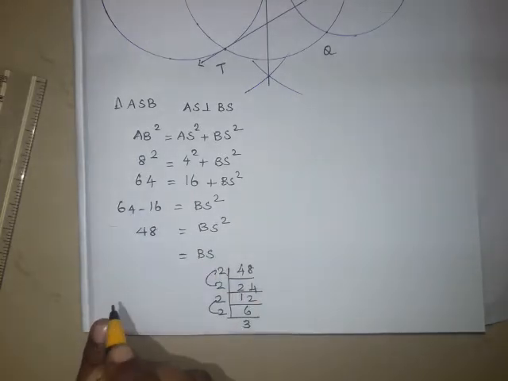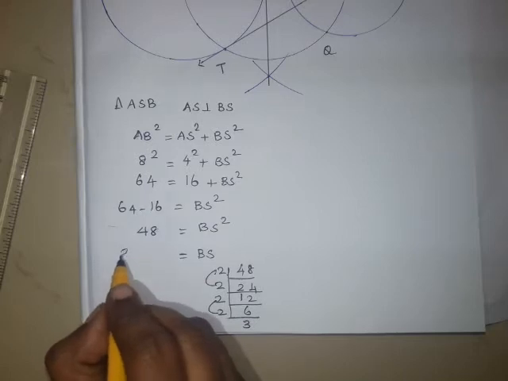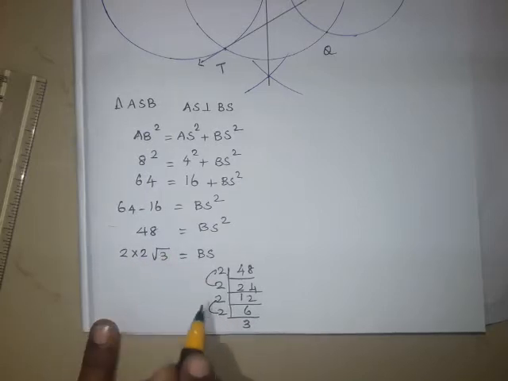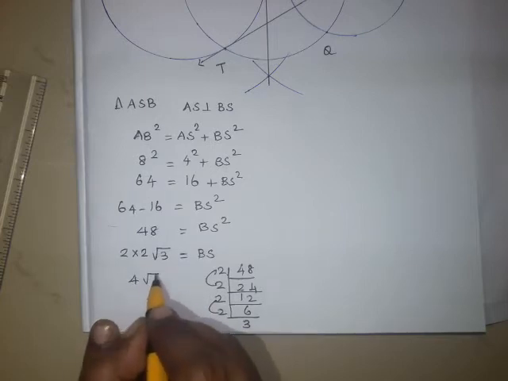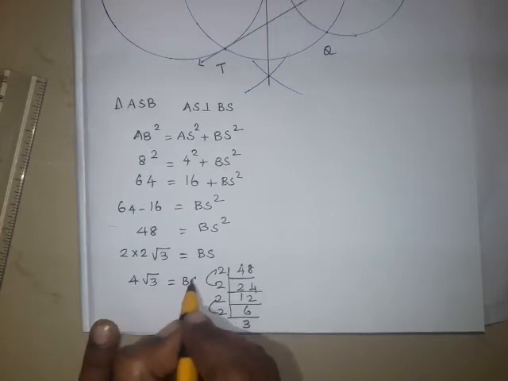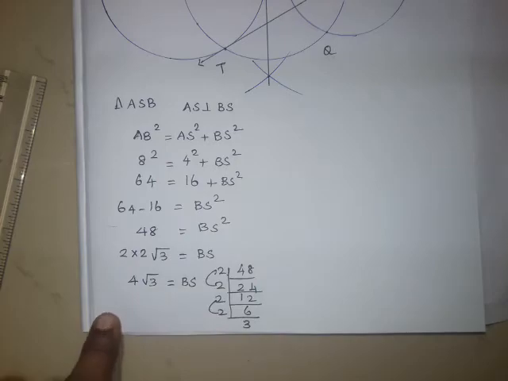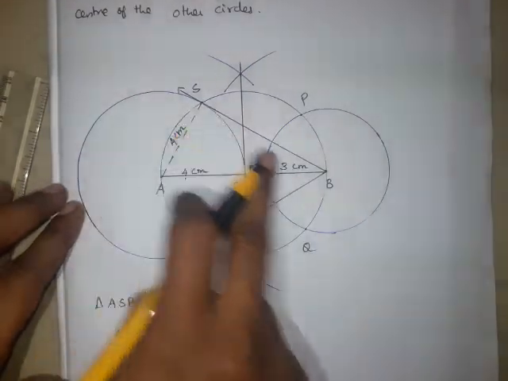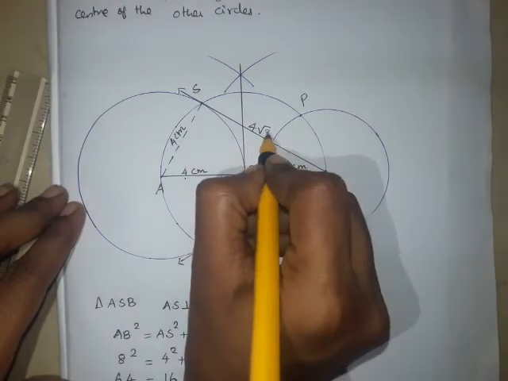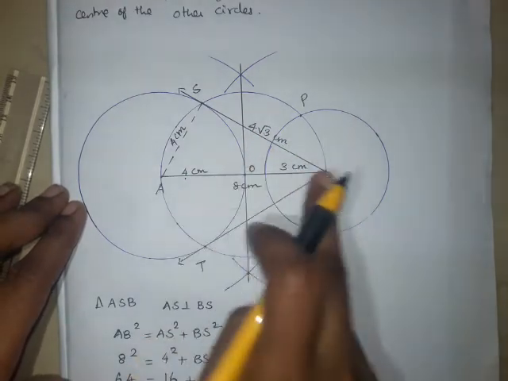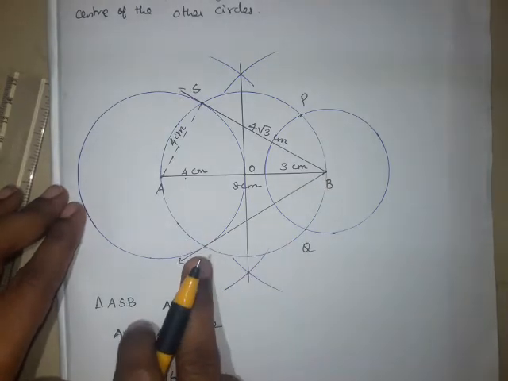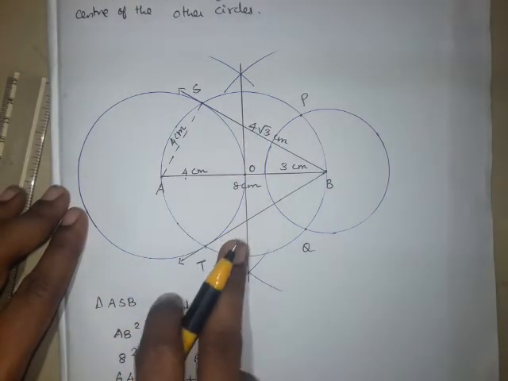So BS equals 2 cross 2 root 3. Okay, so 4 root 3 centimeter. BS equals 4 root 3 centimeter. Now the tangent BS is 4 root 3 centimeter. Therefore BT also similarly 4 root 3 centimeter. Both tangents have the same length.